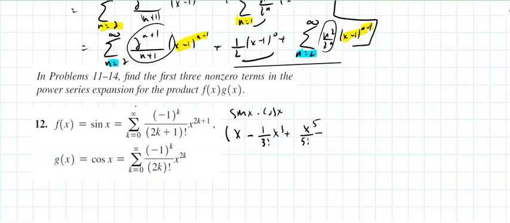And the list goes on. And this is cosine. If you let k equal 0, you're going to get 1. Let k equal 1, minus x squared over 2 factorial, plus x to the 4th over 4 factorial, and the list goes on.